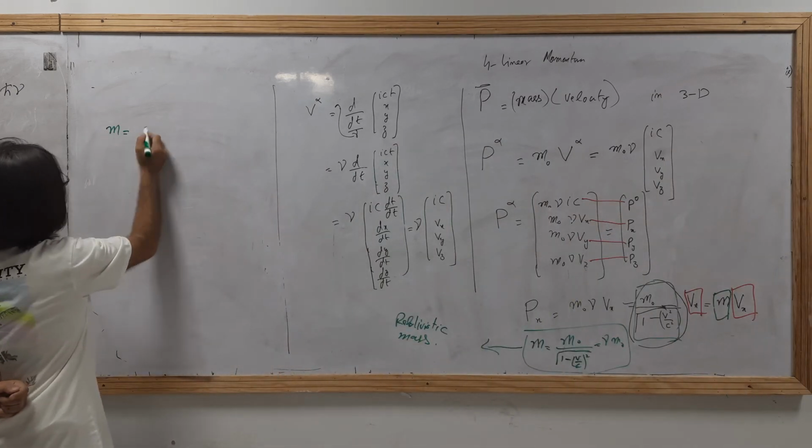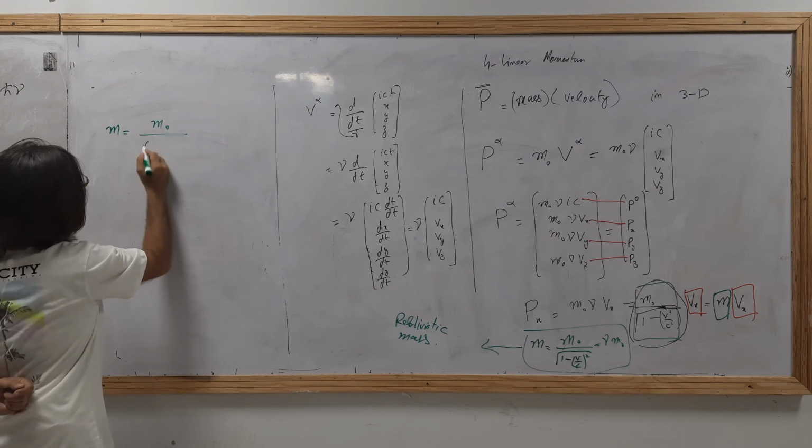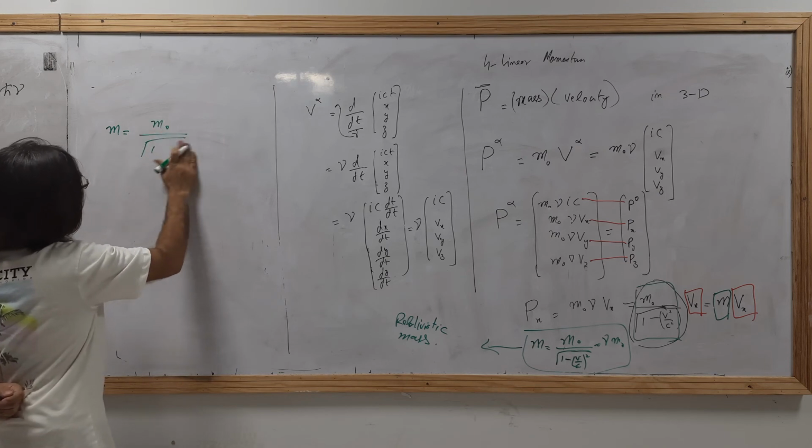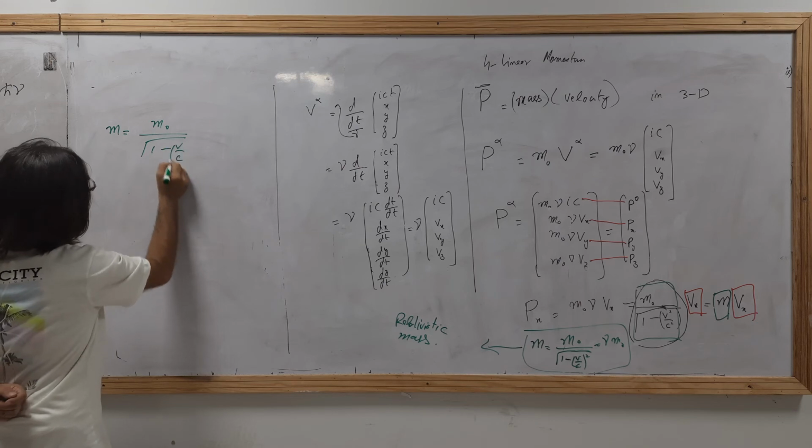So your relativistic mass is m naught over the square root of 1 minus v square over c square.